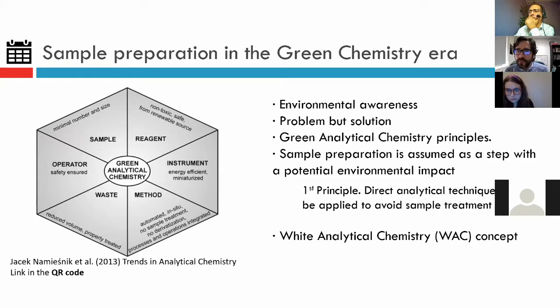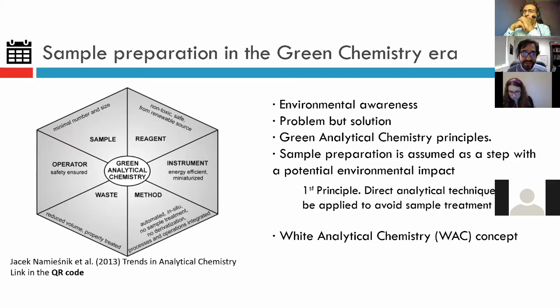Green analytical chemistry considers that sample preparation is a step that has a potential environmental impact because we are using solvents, and we are using energy. We have to apply energy in some stages of the sample preparation, and we are generating some wastes. So the first principle of green analytical chemistry states that direct analytical techniques should be applied to avoid sample treatment.